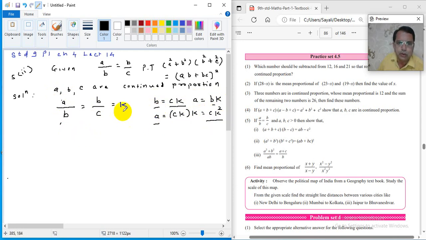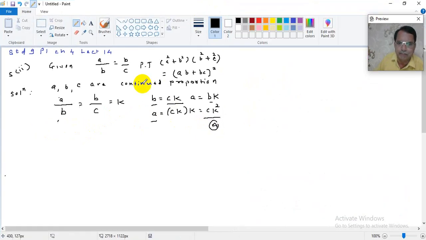Now you have to use these facts now. This is say result A. I will enlarge the screen. So this is result A. Now what you have to do is to prove that. So to prove that, TPT means to prove that, what is that?